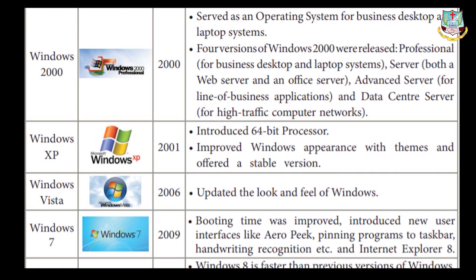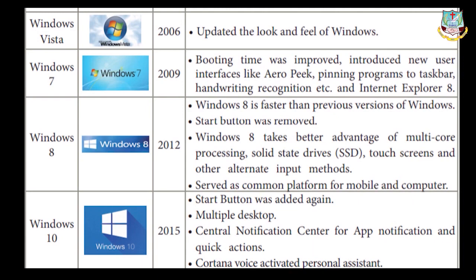The booting time is one thing, but the time it takes to load was decreased. So the booting time was improved, introducing the new user interface like Aero Peek, pinning programs to the taskbar, handwriting recognition, and Internet Explorer 8, likewise some extra features which we use now.